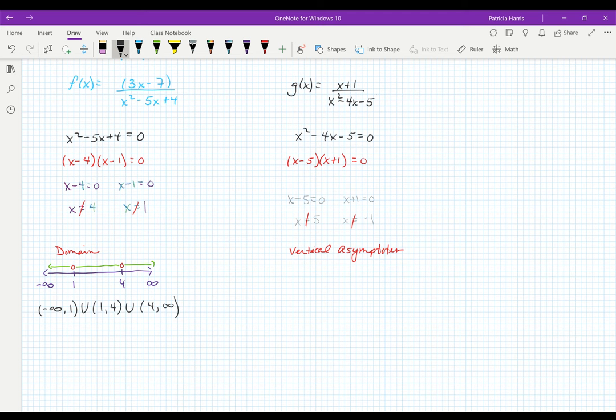Okay, for vertical asymptotes. Vertical asymptote on a graph is kind of like a wall that you cannot pass. Okay, so now the only way we cannot pass a wall is if our domain doesn't allow it and we cannot somehow remove it. Okay, so if I look at this guy, okay, what I can do is I can say, well, let's try to reduce that.